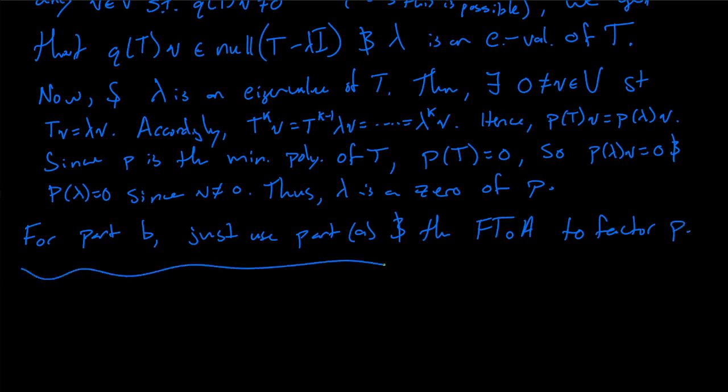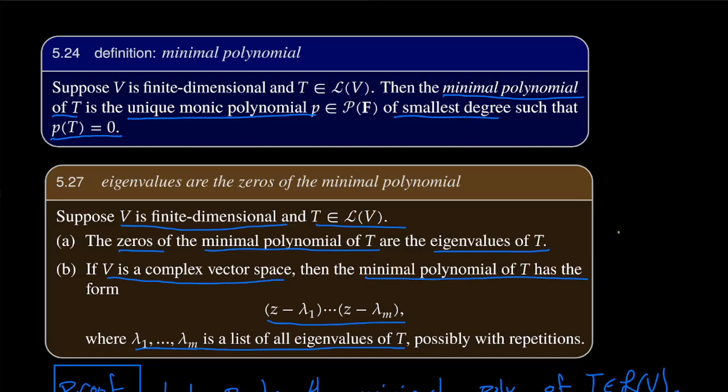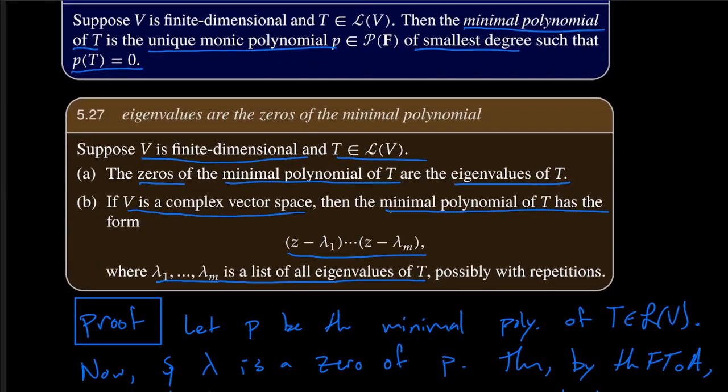Nice. Okay, sweet. So we've got it down. We know that the zeros of the minimal polynomial of T are eigenvalues of T. We know that the minimal polynomial exists. And we know that over a complex vector space, you can factor it all the way down, and basically, it's entirely determined by the eigenvalues of T.